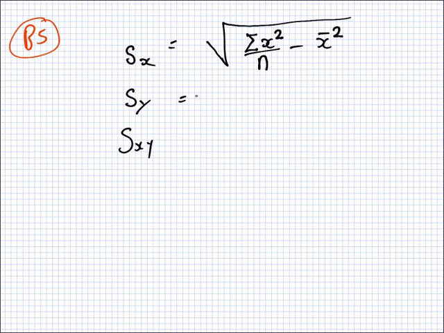It's the same thing for y, but with a y. And sxy has no root: it's the sum of xy over n, minus x bar y bar.